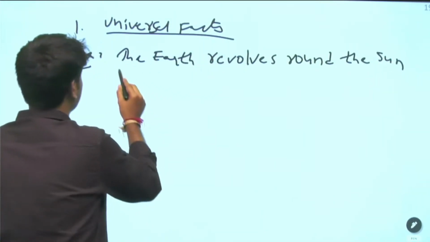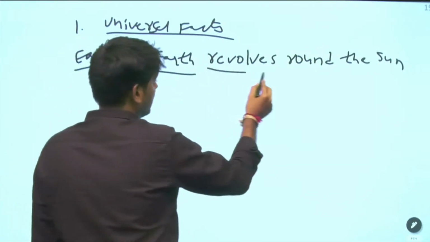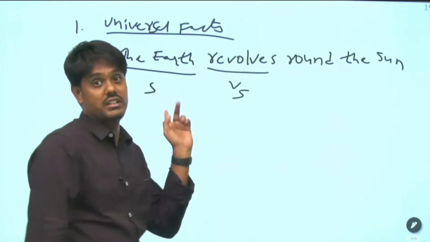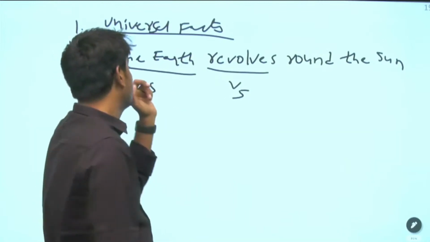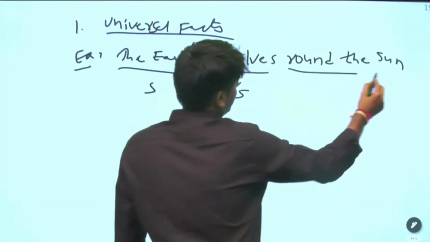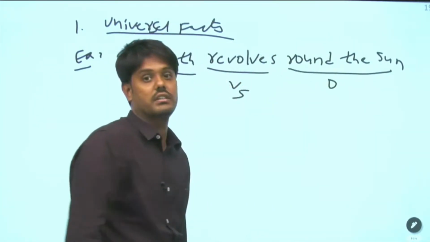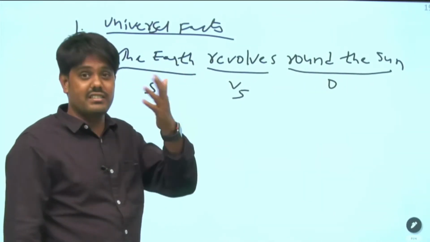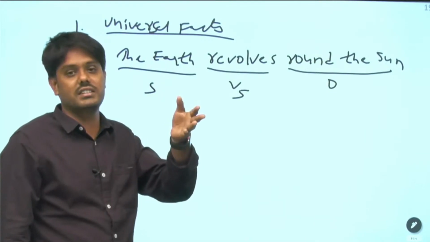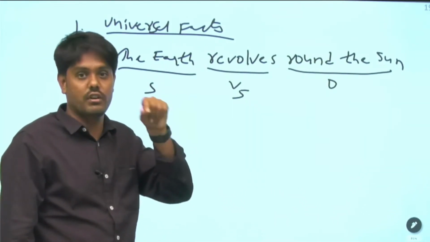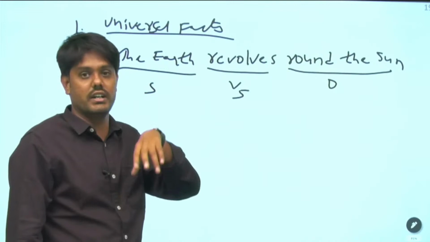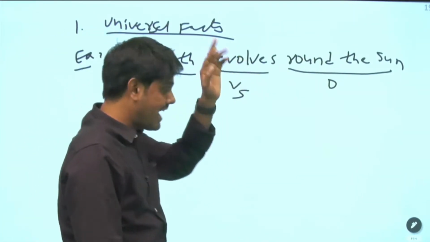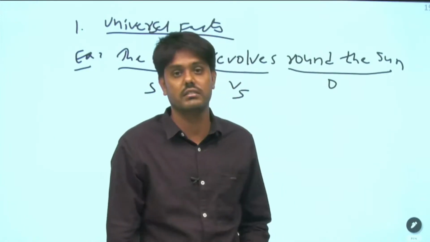Here the earth is a subject, revolves is V5. I already told you for he, she, it we have to use S or ES form. So the earth revolves is V5 and round the sun is object. Similarly, the sun rises in the east, or the sun sets in the west, the moon revolves round the earth. For all these sorts of universal facts, we have to use only simple present tense.